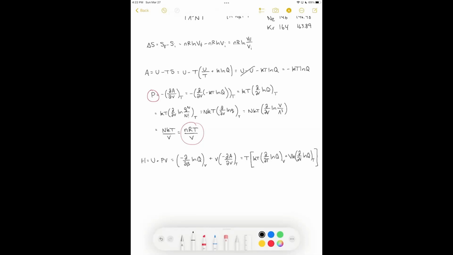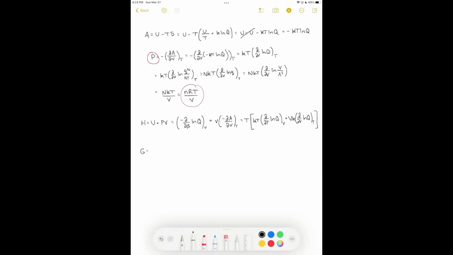We can do a similar thing for the Gibbs free energy. Our Gibbs free energy is, of course, the enthalpy minus the temperature times the entropy, but we don't have to go to this nasty enthalpy equation. What we can do is substitute in for H: U plus PV. So this gives us U plus PV minus TS, and U minus TS is the Helmholtz energy.